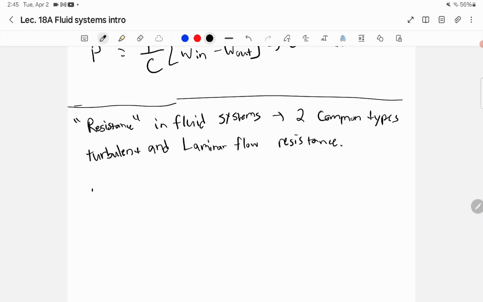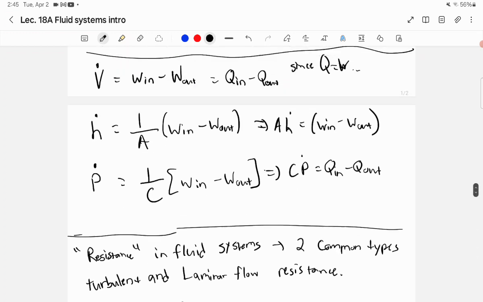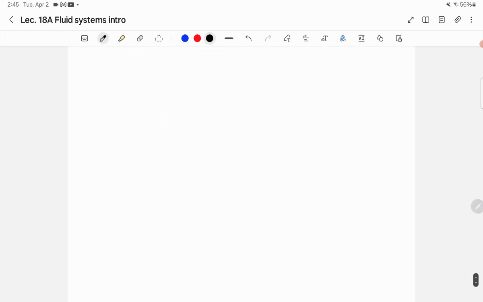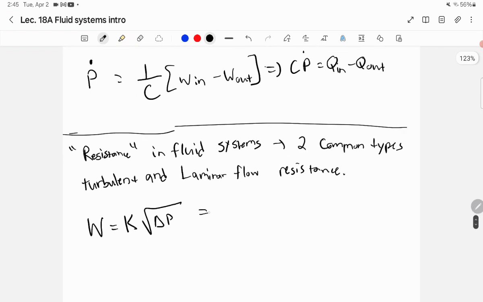So the basic idea is that W is equal to K times the square root of delta P. Okay, which of course implies that delta P is equal to W squared over K squared.